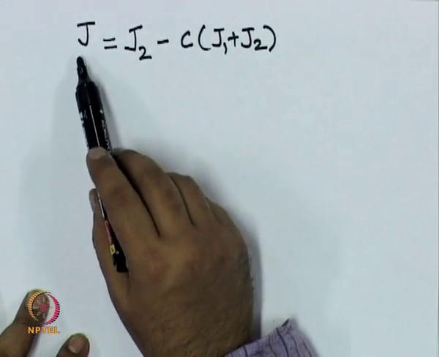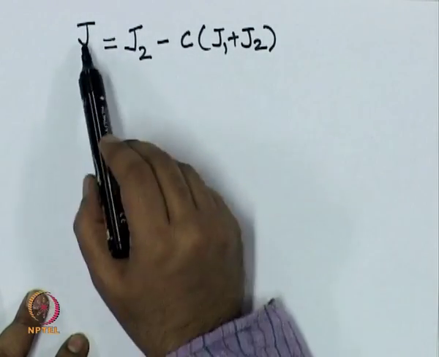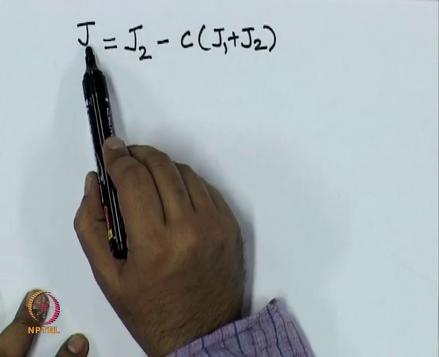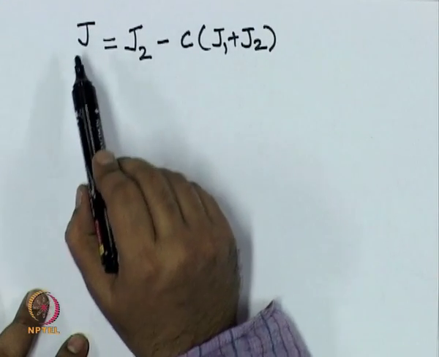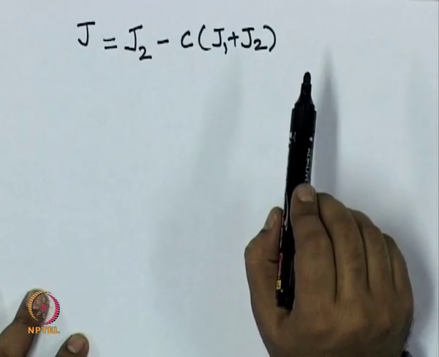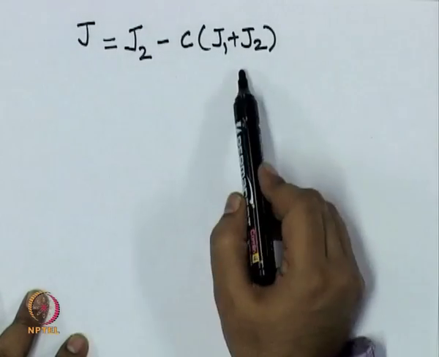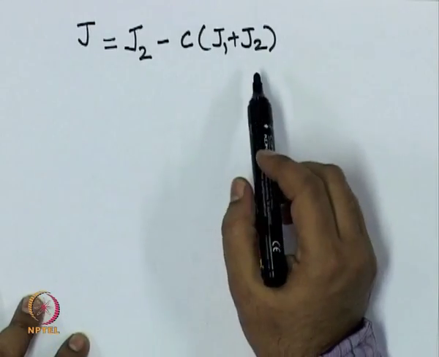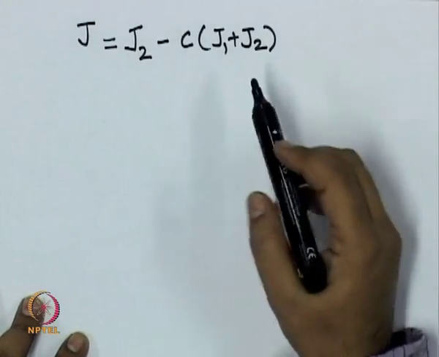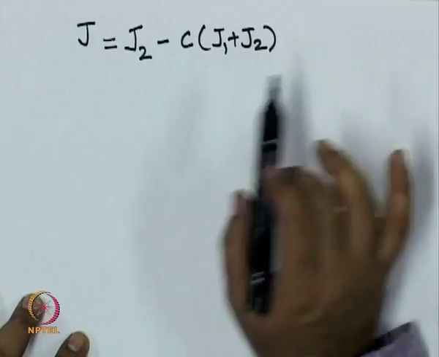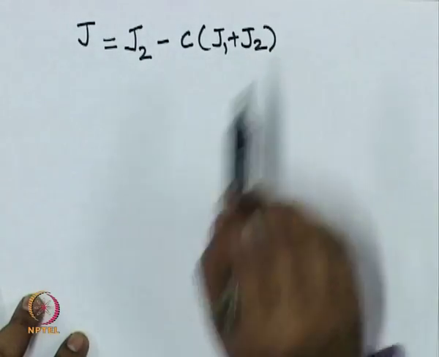Now, why is this flux this? Because we are trying to define the flux for atoms of type 2 with respect to the Matano interface. With respect to the Matano interface, this is the flux expression. This is what you can derive and show. We will do it probably as a tutorial, but for now you can accept that this is the flux.